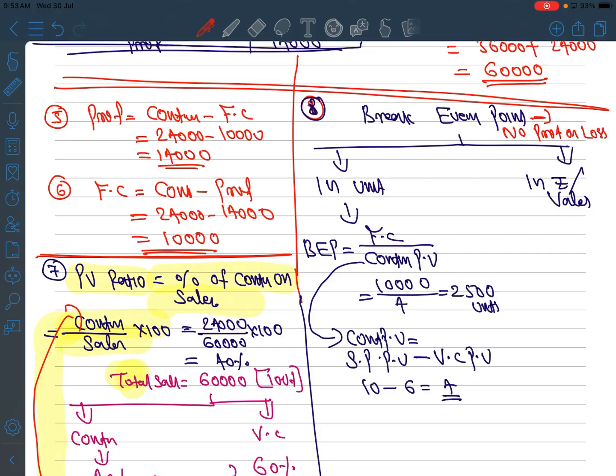Up to the break-even point, there will be a loss. When you cross that particular break-even point, then only you will get profit. So it's very important to know, when we are going to produce T-shirts, after how many units of shirts sold we will get profit.